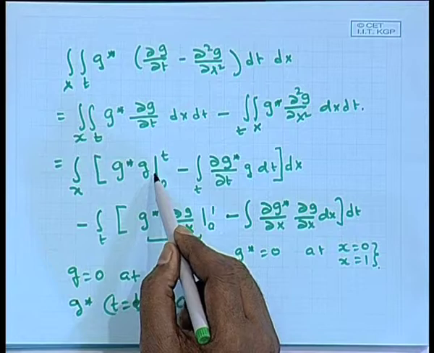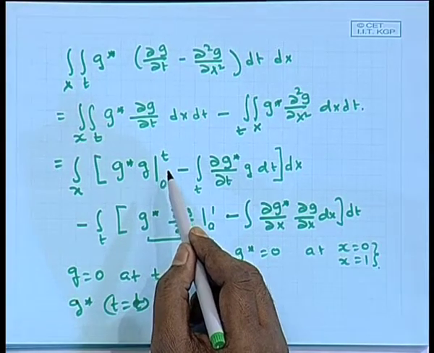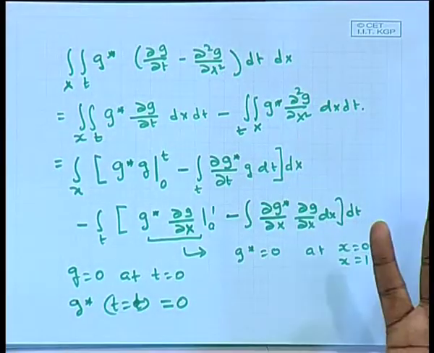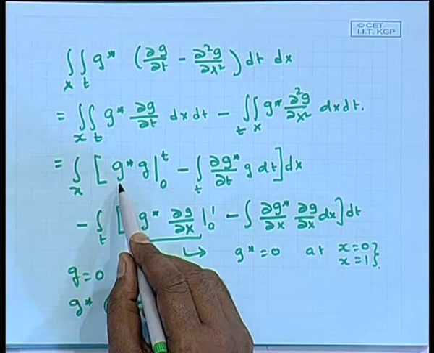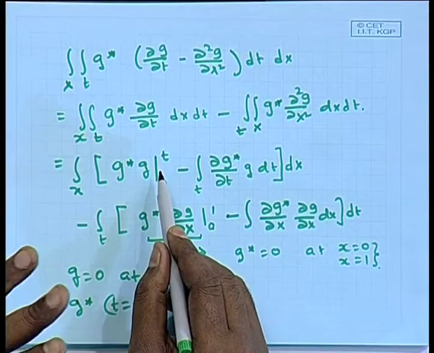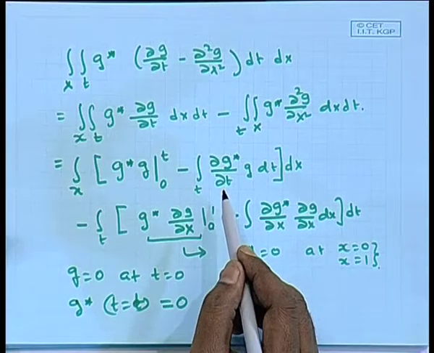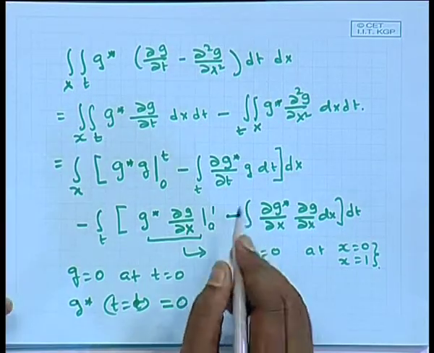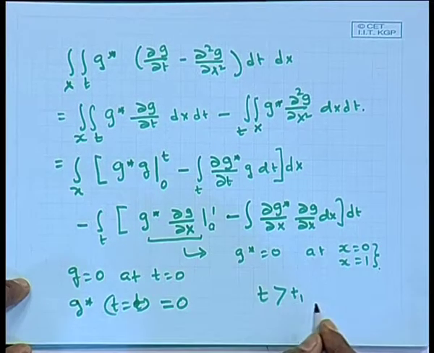At any point of time g is not equal to 0. If g equal to 0 at any point of time, you would have got a trivial solution. Every time it is 0. So, to force this Jacobian term to go off, the only option you have is g star at time t equal to t should be equal to 0. And this t must be greater than t1.